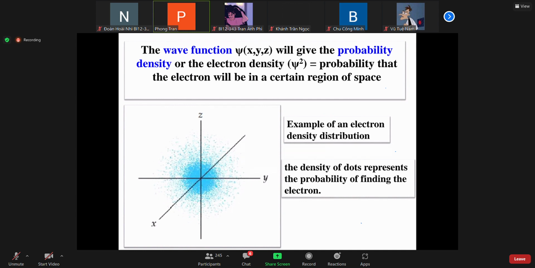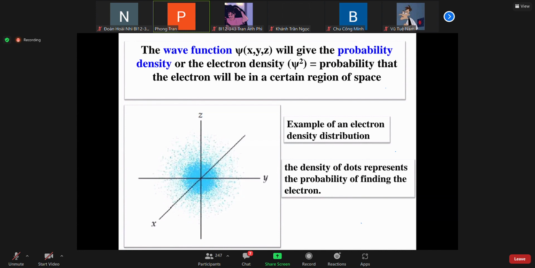So you can imagine that now we need to know, in one given space around the nuclei, what could be the probability to find the electron? Not exactly 100% that I can find the electron here, but what could be the probability? So by solving this wave function, you can see the electron density in a volume in a space around the nuclei.